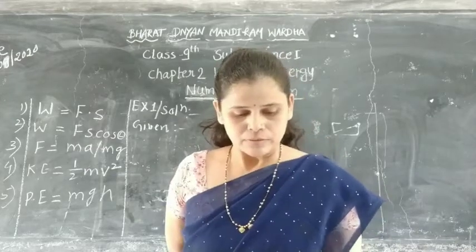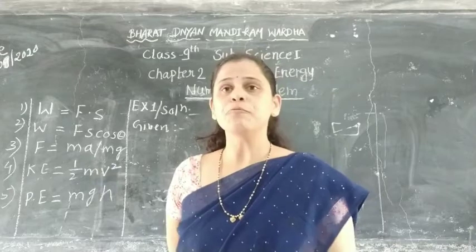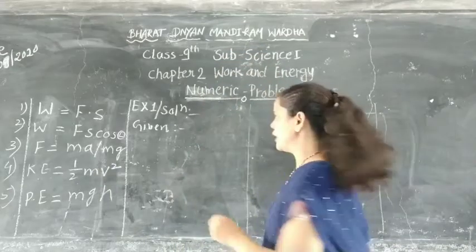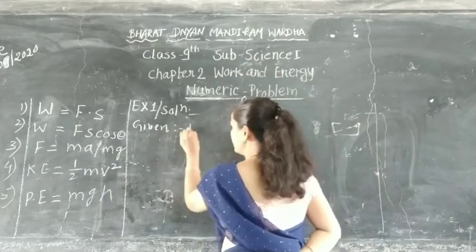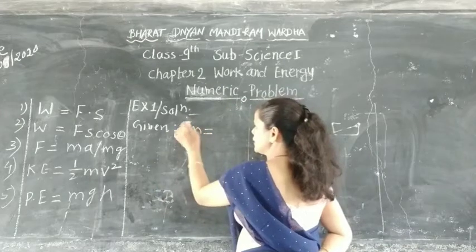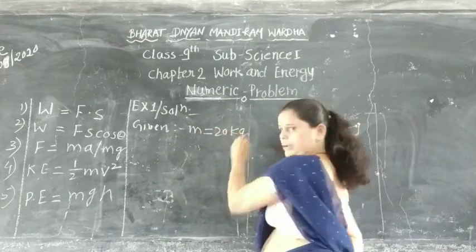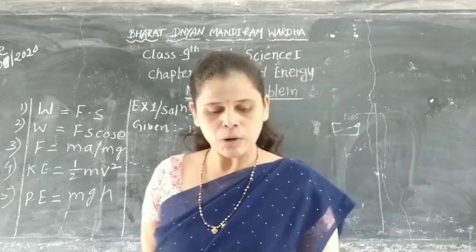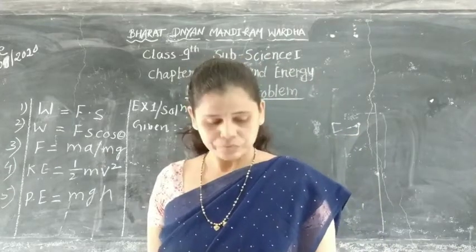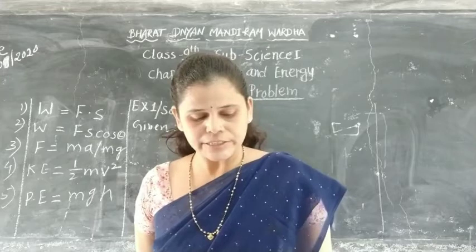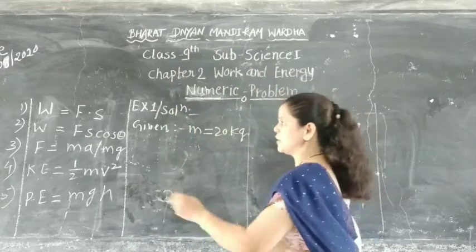And given, object of mass 20 kilogram, that means m, mass, that is denoted by small m, equals to 20 kg. Then to a height of 10 m. Here height is 10 m. Height means the displacement.